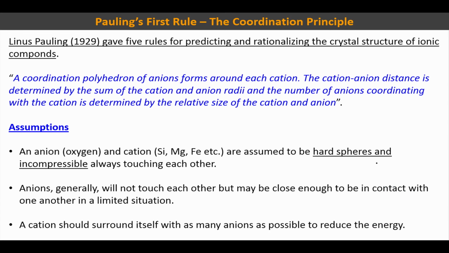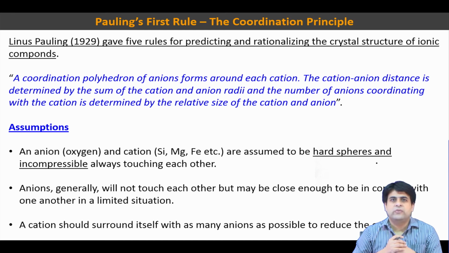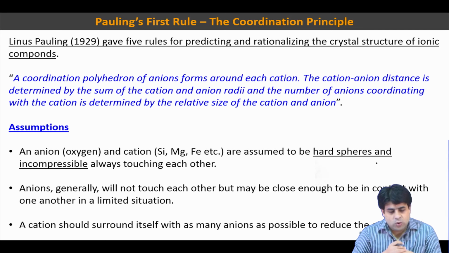Most of the minerals present on the earth's surface and in the interior have ionic bonding, so they are ionic compounds. The first of Pauling's rules is known as coordination polyhedra. This rule suggests that a coordination polyhedron of anions forms around each cation.